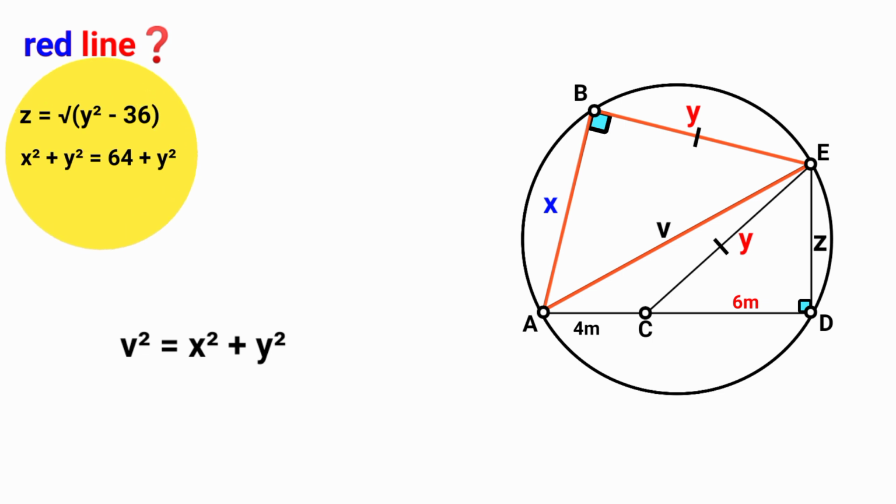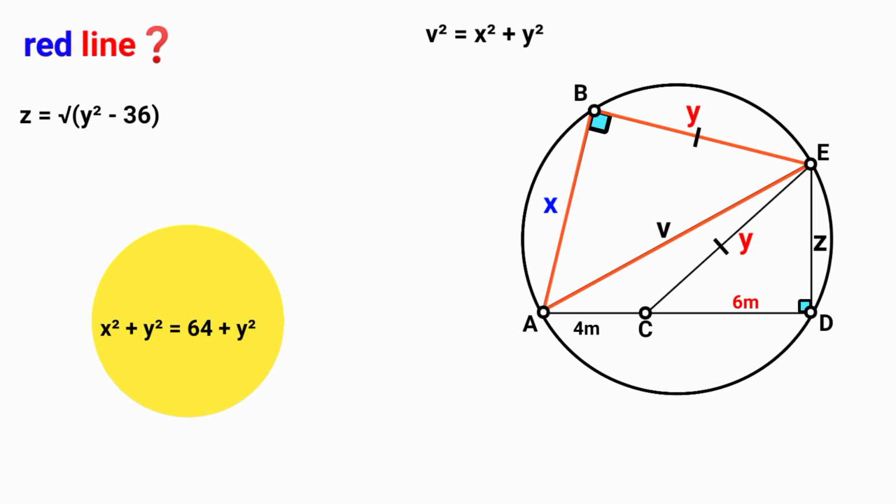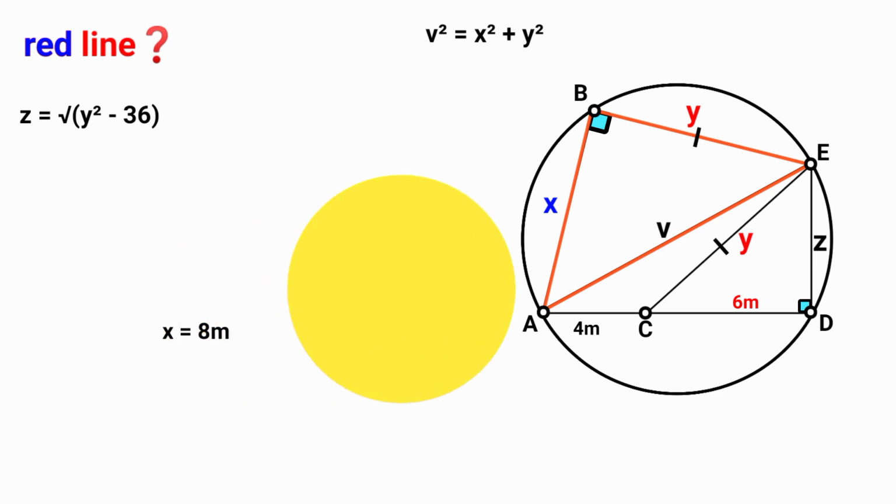Replace v squared with x squared plus y squared. So x squared plus y squared equal to 64 plus y squared. This y squared will eliminate this y squared. So x squared equal to 64, from which x equal to square root of 64, which is 8. So x equal to 8.